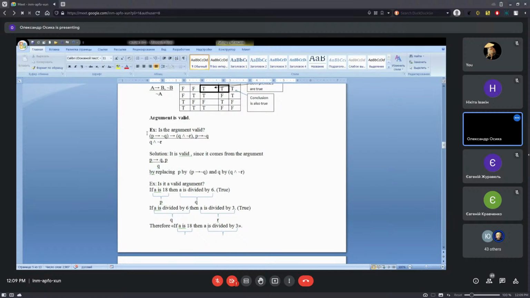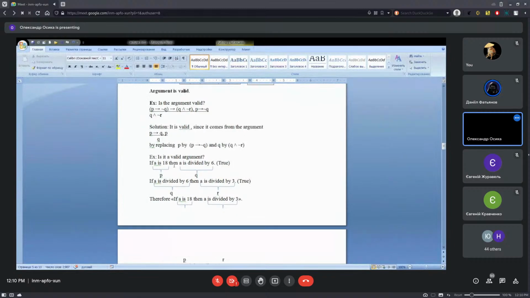So this comes from modus ponens by replacing P by P implies not Q, and Q by Q and not R. Here, Q, this and this are equal, and here are also equal. So it is modus ponens.